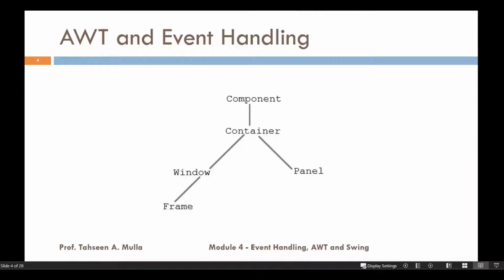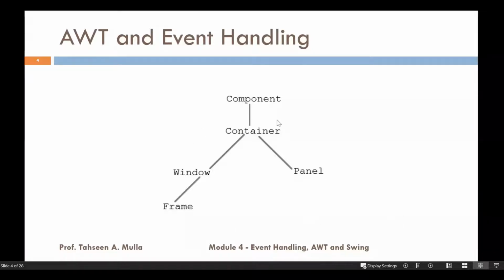The Component object, the root one, is responsible for remembering the current foreground and the background activity which is currently selected. So Component will have the information about the current foreground and background activities going on.